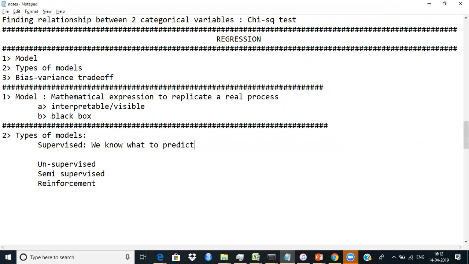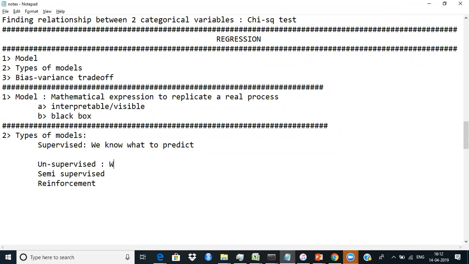I know what to predict. Let's say I want to predict how many cars I will sell. I know what to predict. Let's say I want to predict whether a person is going to buy a product or not. In all of those cases, we will use some form of a supervised learning algorithm. Supervised is clear: basically, you know what to predict.